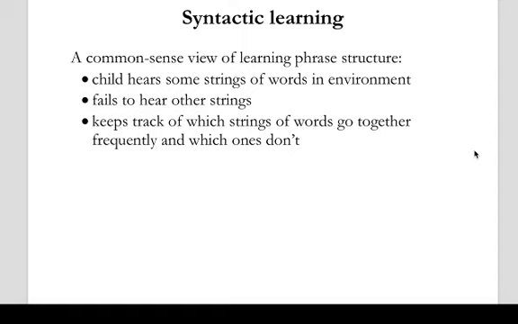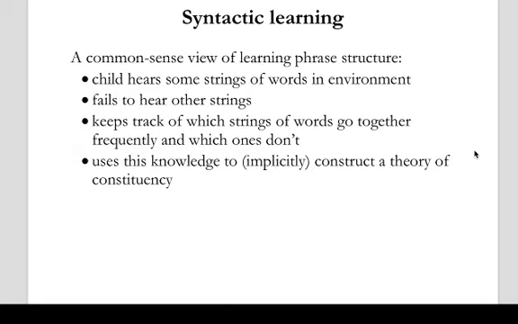So they're going to track, hey, these strings of words tend to occur next to each other, and this string of words, usually I've never heard this at all, or I've heard it very infrequently. So this is a completely associationist domain general theory of how we're going to get syntactic structure. The child ends up with a database of something like transitional probabilities between words, how likely different kinds of words are to follow one another.